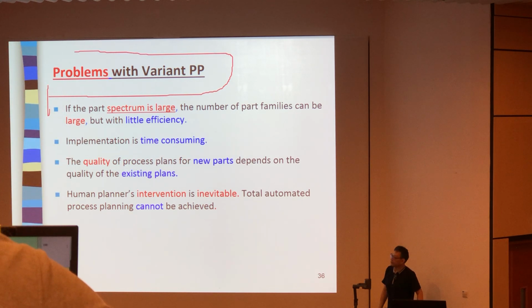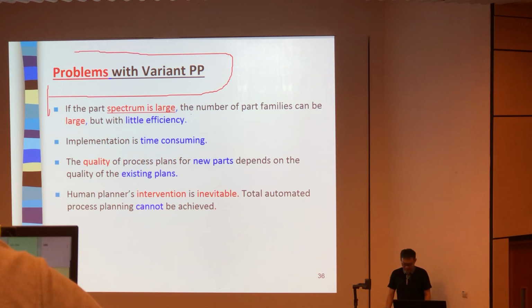Certainly. So the first point is true for all kinds of applications for GT, not only process planning. Second, implementation is time consuming. The construction process takes quite a bit of time.